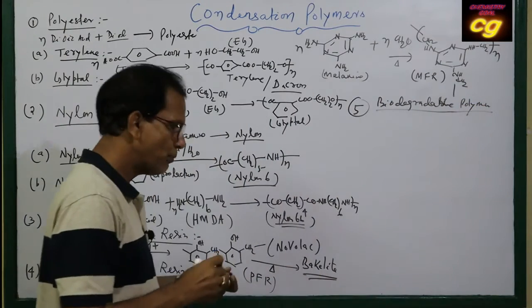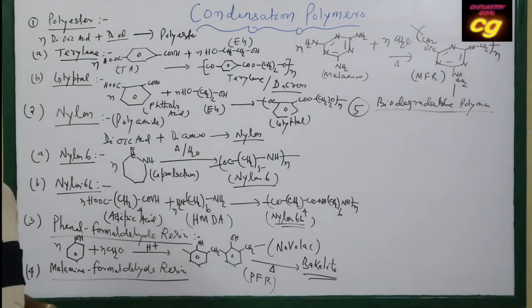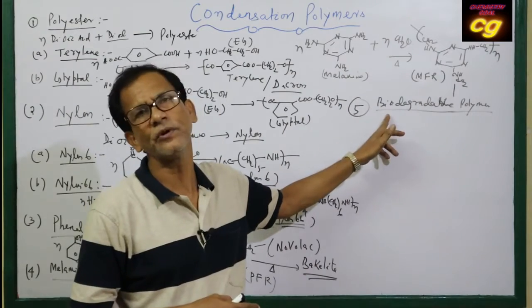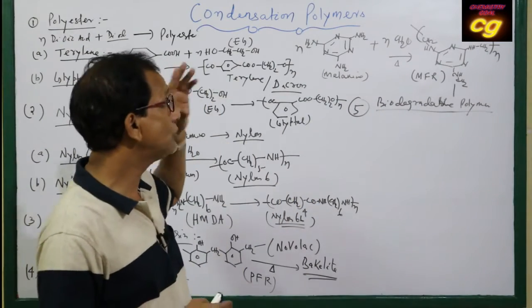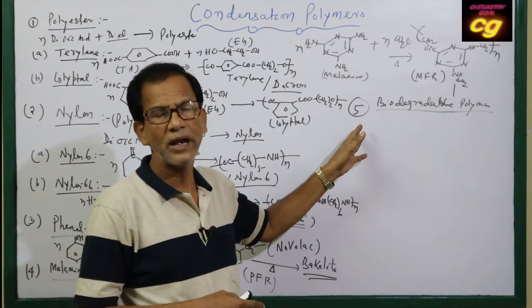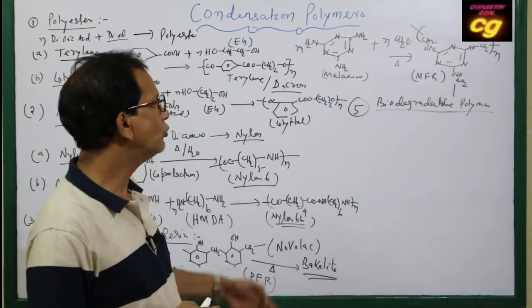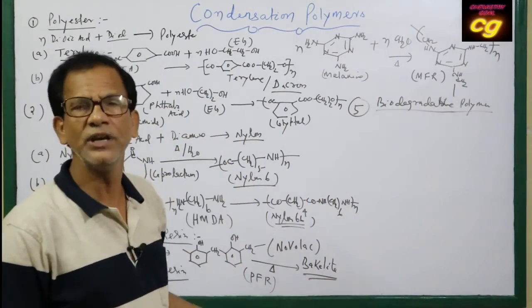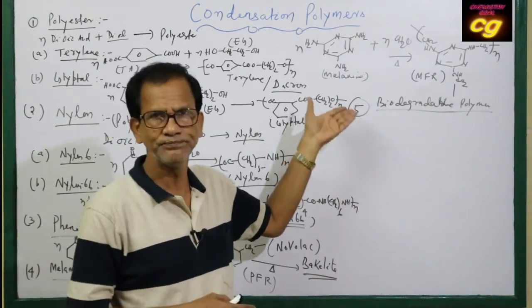Already you know biodegradable polymer; it is now a very important challenge for modern scientists. Because polymer is non-biodegradable, it causes pollution. You know that the use of plastic is going to be banned, already banned, but it is still going on.